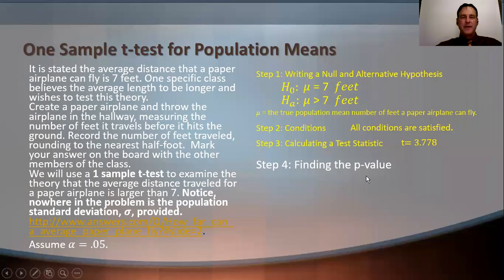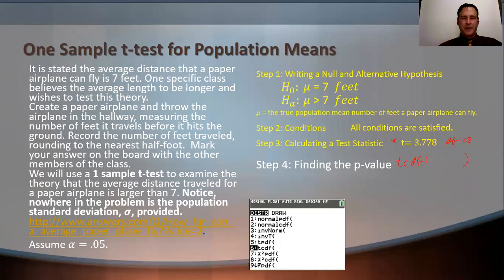Okay, now for the p-value, we're onto a new screen. I'm going to use a calculator command called, again, tcdf, which I just talked about. And here's how you find it. What you're going to need is the t-score, the value for t, the test statistic from the previous slide, 3.778, and again our degrees of freedom, which was 28.